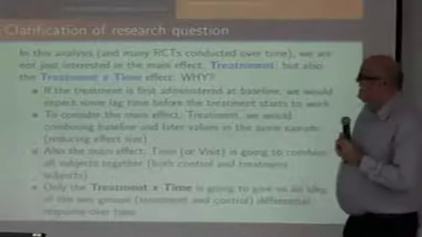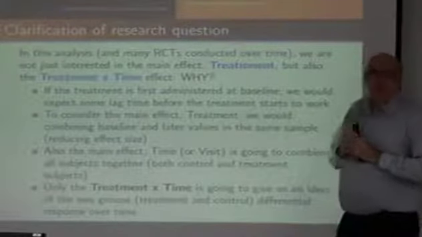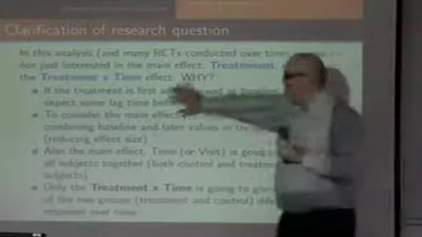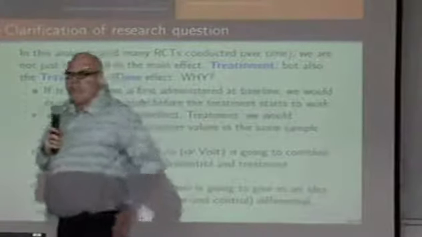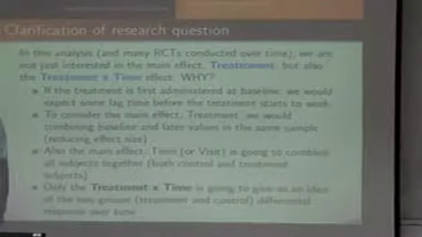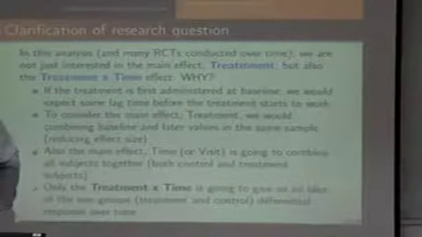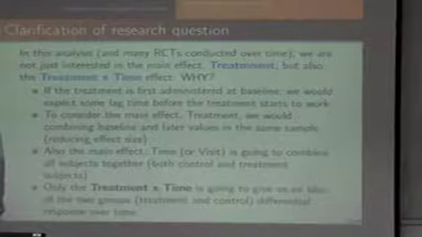So in this analysis, and this is an important thing to note, particularly with RCTs conducted over time, we're not just interested in the main effect, the treatment effect, but also the treatment by time effect. Now, don't read this. I want to ask why. Why is that? Why are we interested in the time by treatment effect? Think RCTs. What should the lines look like for the 2 groups in an RCT?